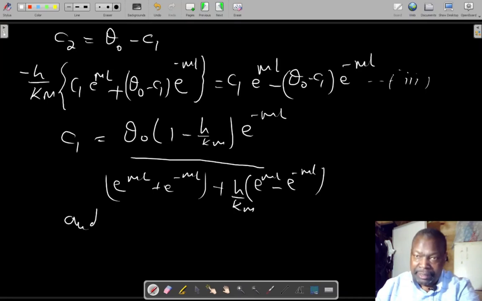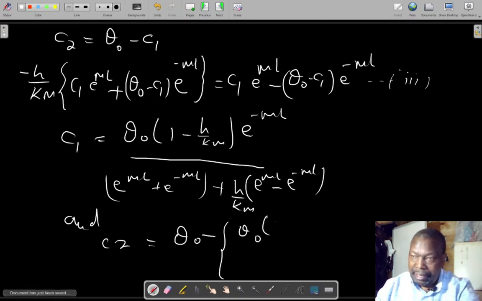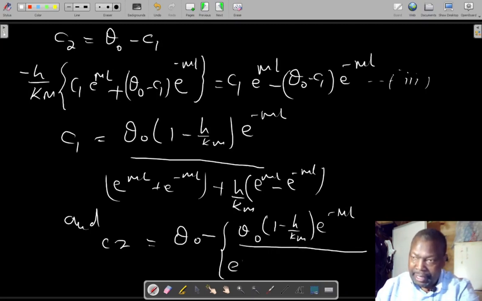And by the same analysis, we can get C2 is equal to theta naught minus theta naught times (1 minus h over km) e^(-mL), divided by (e^(mL) plus e^(-mL)) plus h over km (e^(mL) minus e^(-mL)).